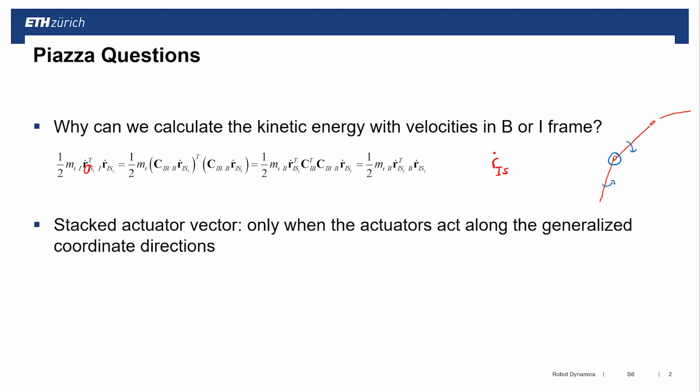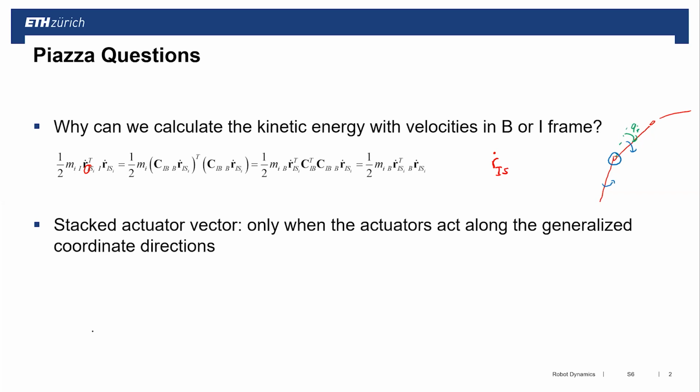Now, if we choose the generalized coordinates to describe the kinematics of the robot, if we choose this q_i as the relative angle in exactly the direction where this actuator works, then the torques that are produced by this motor pre-multiply the Jacobian transpose of where they are attaching.